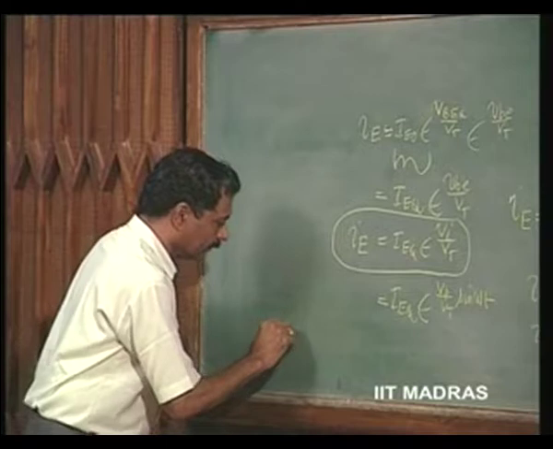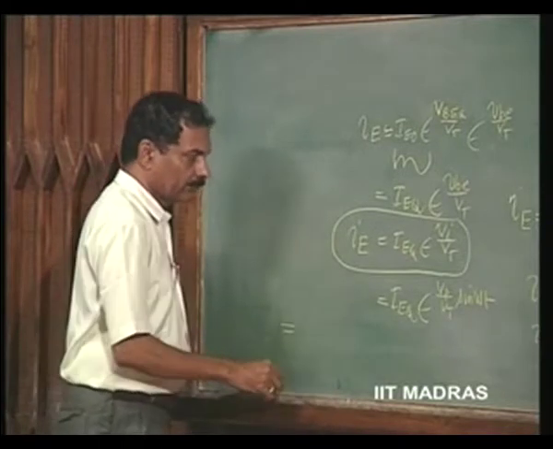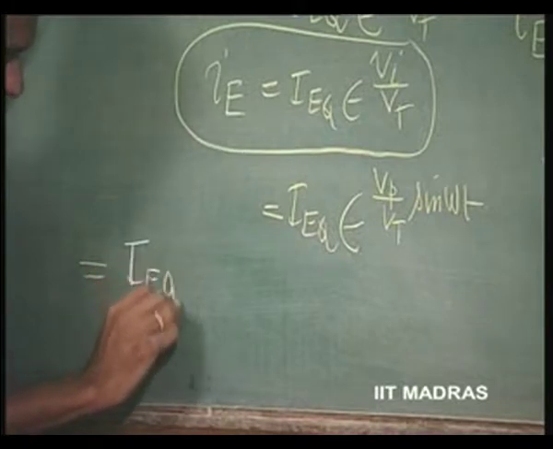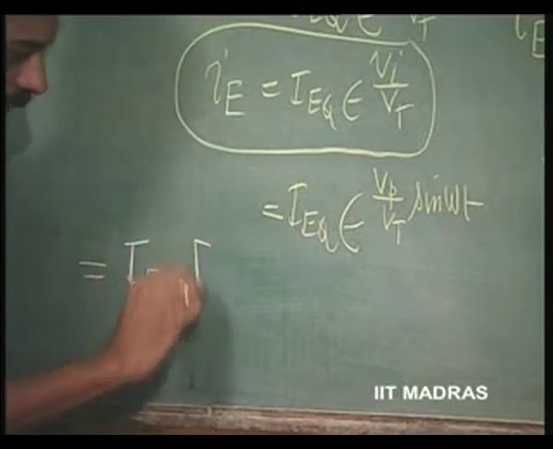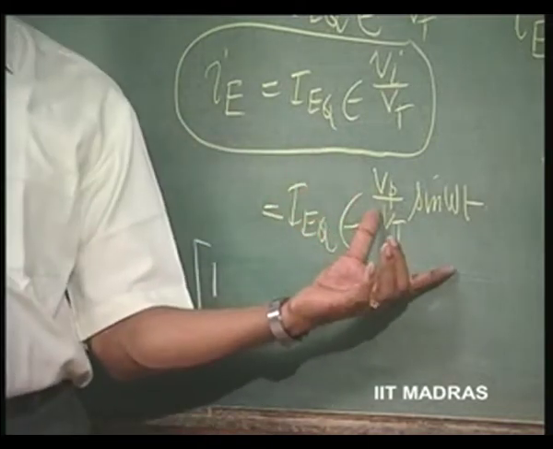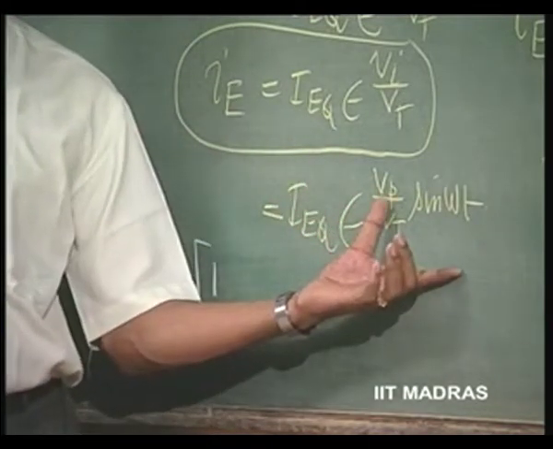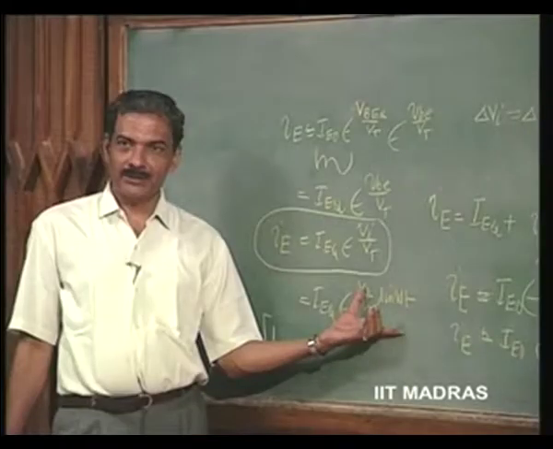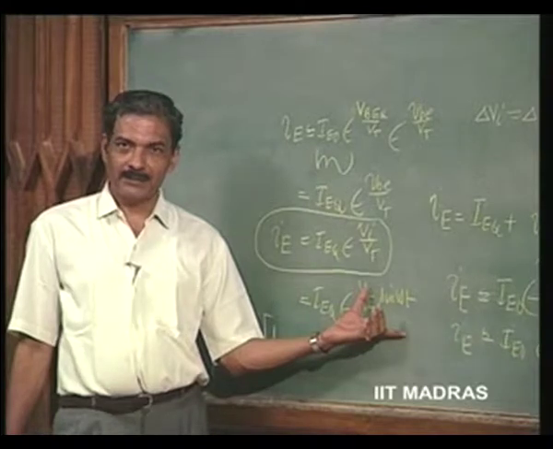Now, this is equal to IEQ into exponent x, okay. When this quantity x is small, e to power x is 1 plus x plus x squared by factorial 2 plus x cubed by factorial 3.